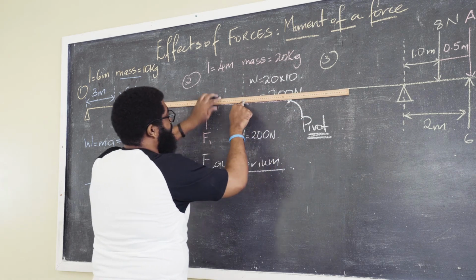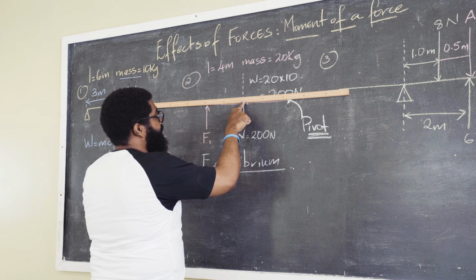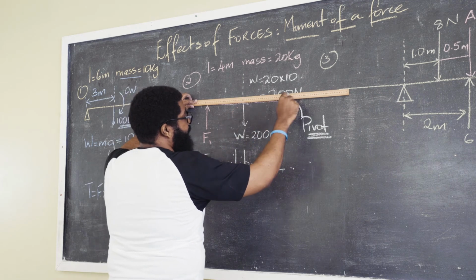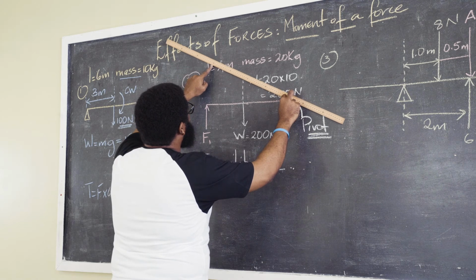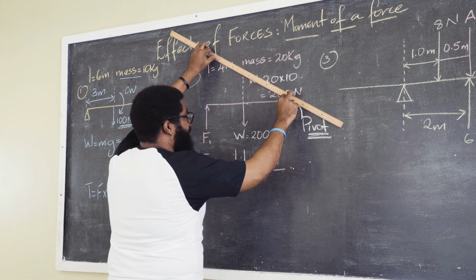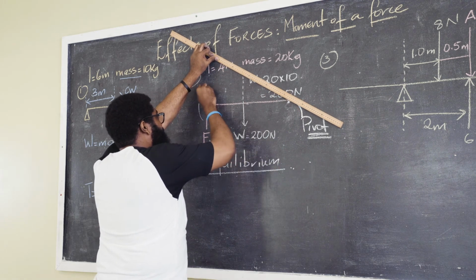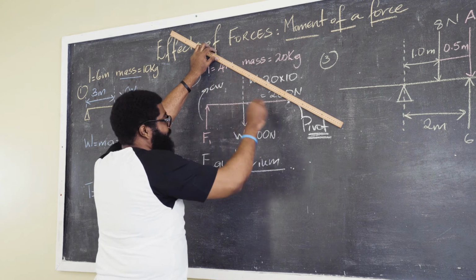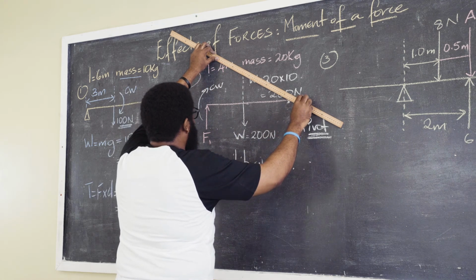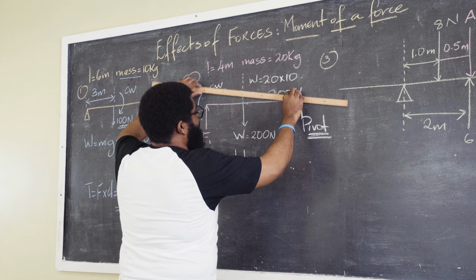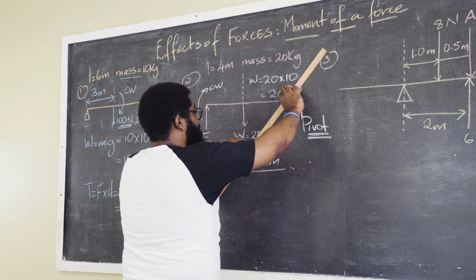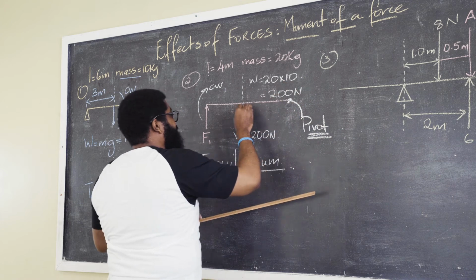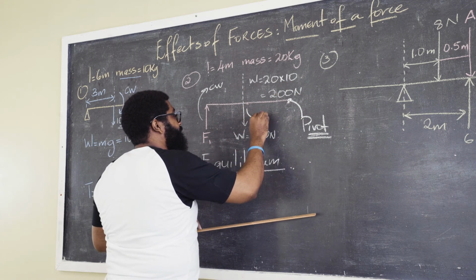If this is our weight, and this is our pivot here, this force, I think that's clockwise. Correct me if I'm wrong. And this one, with the pivot here, is anti-clockwise.